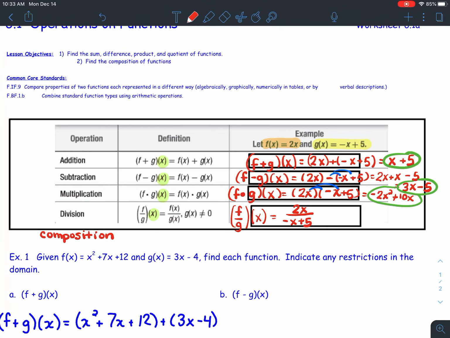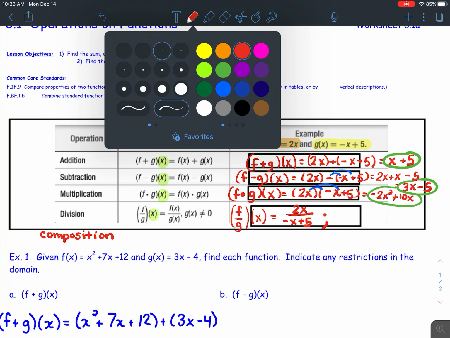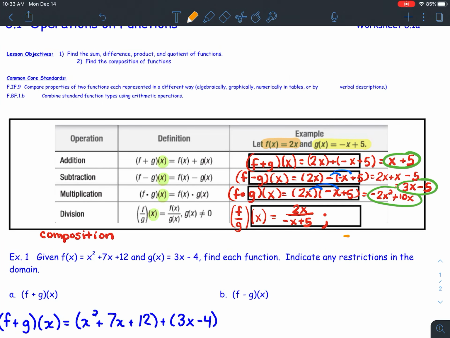Now you do have the added thing that you have to list your domain restriction. Okay, your domain restriction is going to be off to the side. You're going to take your denominator and you're going to say, I'm not allowed to let the denominator of a fraction equal 0. So you can see our denominator was negative x plus 5. I'm saying it's not allowed to equal 0. And then I would simply solve this equation for x.